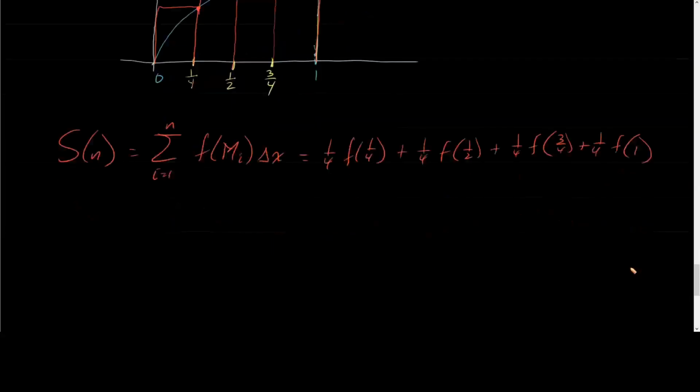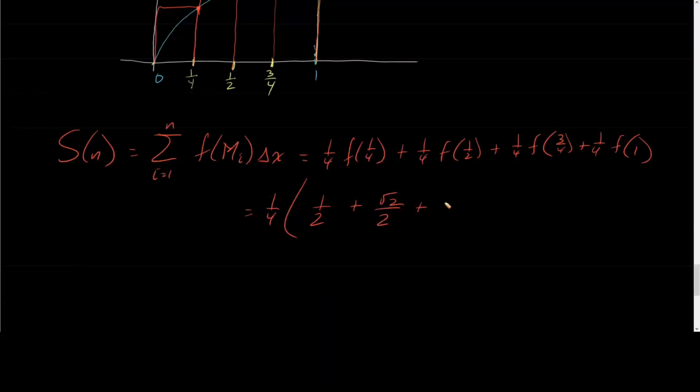All right. And again, they all have a 1/4 on there, right? They're all being multiplied by 1/4. So we can factor out a 1/4, and we're left with f of 1/4. So we're taking square roots. The square root of 1/4 is 1/2, plus the square root of 1/2. Well, we already saw that it becomes radical 2 over 2, right?